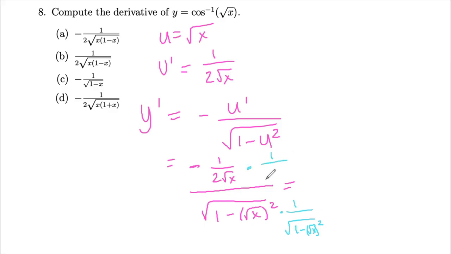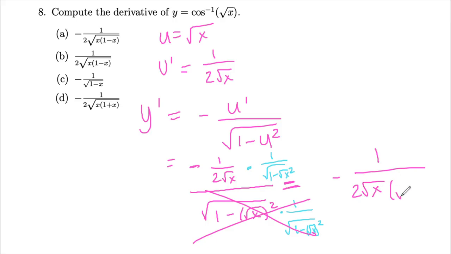That gives me just one fraction. This is going to cancel out, and I'm left with negative 1 over 2 root x times the square root of 1 minus the square root of x squared.